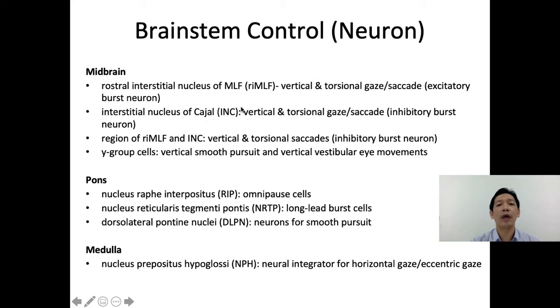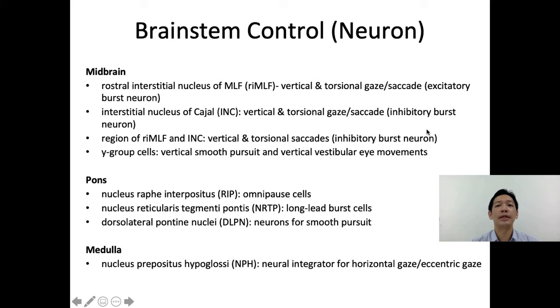If you want a pursuit movement in the vertical direction, the cells involved are the Y group cells. If you want a saccade movement, there are two groups of nuclei that work together. One is the rostral interstitial nucleus of MLF, which is an excitatory nucleus. The interstitial nucleus of Cajal is an inhibitory nucleus.